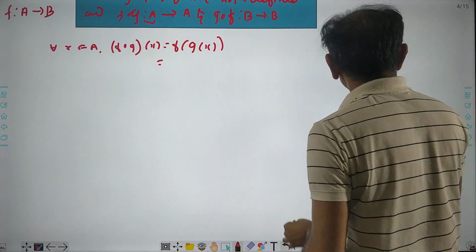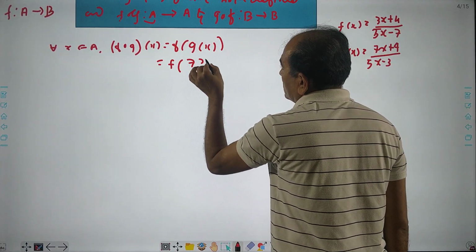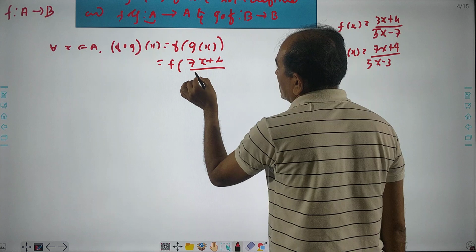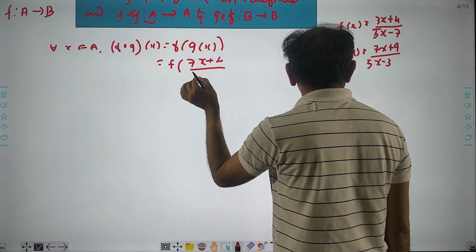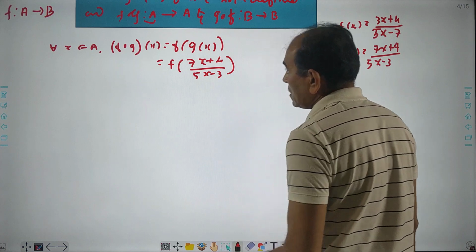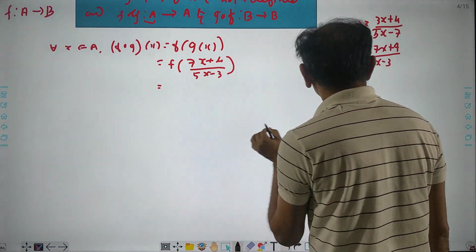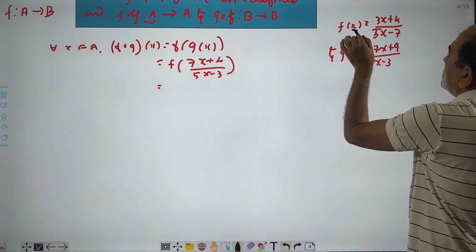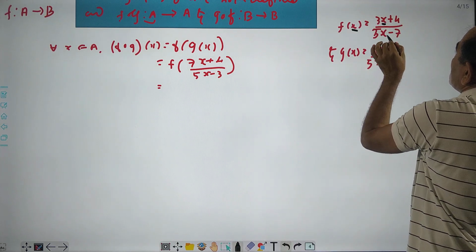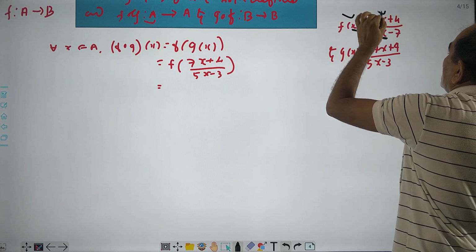What is g(x)? g(x) is (7x plus 4) over (5x minus 3). f of (7x plus 4) over (5x minus 3). Clear? Now f(x) is equal to (3x plus 4) over (5x minus 7). If you take here y, then here y.